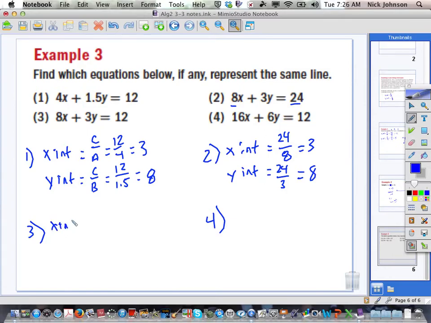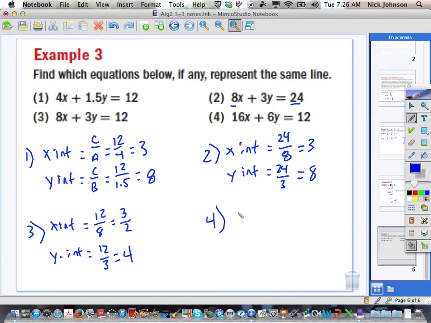My x-intercept here is 12 divided by 8, which we should all know reduces down to 3/2. My y-intercept equals 12 divided by 3, which gives me 4.